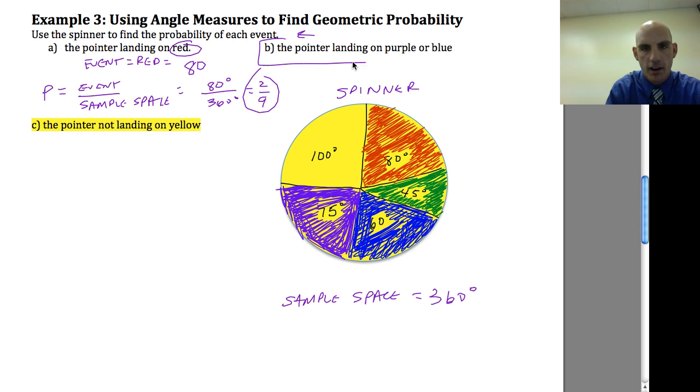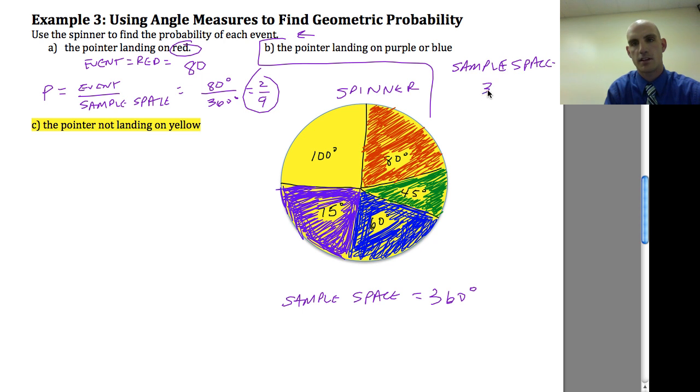Let's look at this one over here. I know it's kind of separated now. Purple or blue. So my sample space is still equal to 360. So my probability is equal to purple or blue over 360.